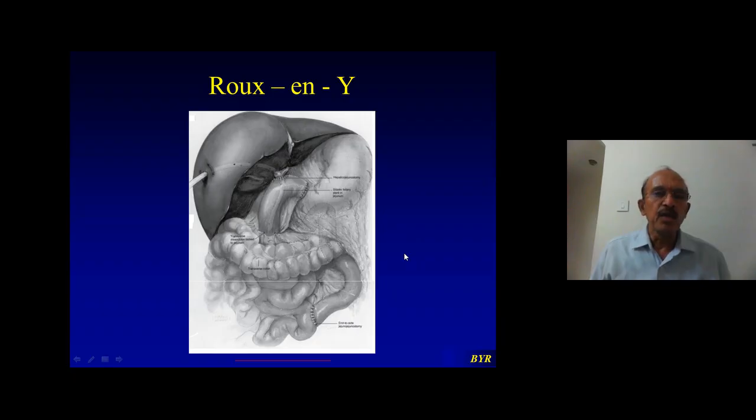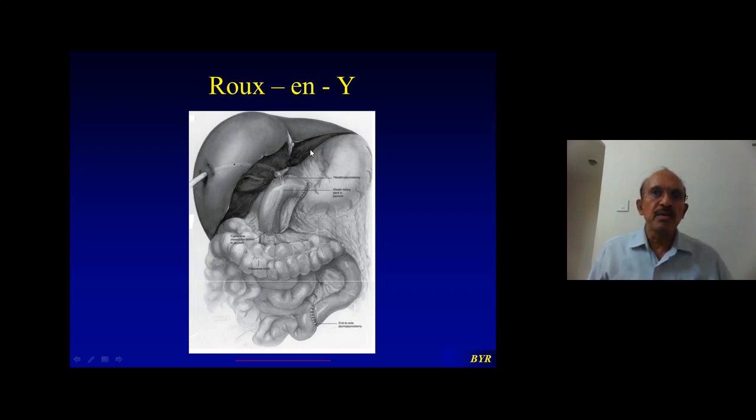Other indications for Roux-en-Y: it is used wherever you want to bypass the gut anywhere. It is used in total gastrectomy. When you remove the stomach for carcinoma of the stomach, then you take the jejunal loop like this and anastomose it to the esophagus. Similarly, in the next class, we are going to discuss the pancreas.